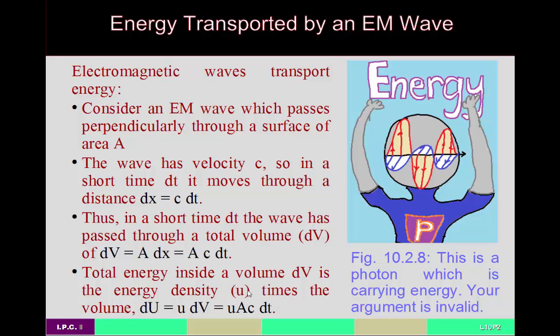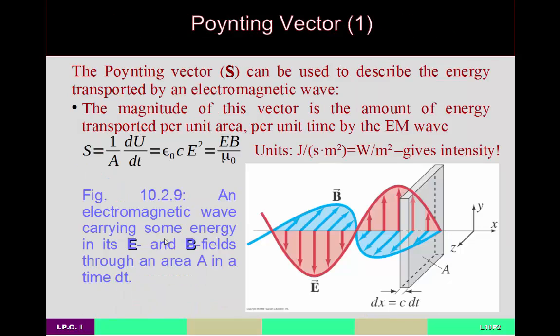Well, it must be the energy density times the volume, because energy density is defined as energy per unit volume. So the infinitesimal amount of energy contained in this infinitesimal volume must be dU equals u dV. That's true by definition, and since dV is A c dt, dU must be u A c dt. So that gets us a general idea of how you obtain the amount of energy within a wave.